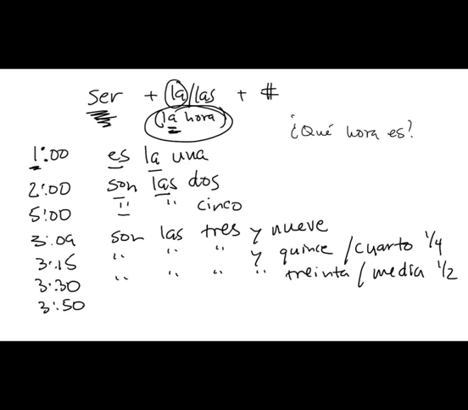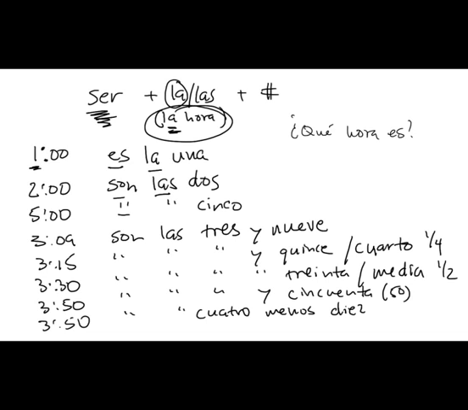So for 3:50, and this is what you'll hear very often nowadays because of digital watches, son las tres y cincuenta, which is 50, right? Or you could say, for the same hour, son las cuatro menos diez. 4 minus 10, 3:50. Either of those is acceptable for 3:50.